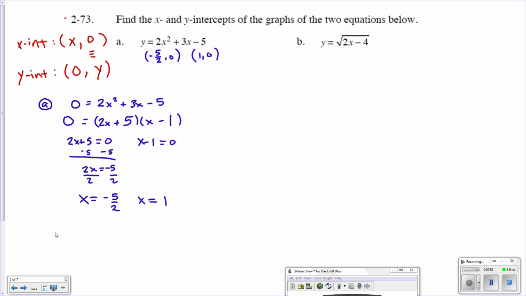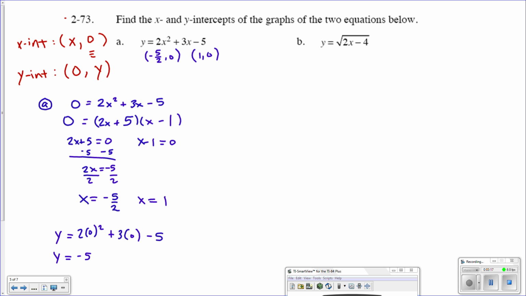If I did y equals 2 times 0 squared plus 3 times 0 minus 5, everything here is going to zero out. 0 squared is 0, times 2 is 0, plus 3 times 0 is 0. So we get y equals negative 5. That's going to be our y-intercept.